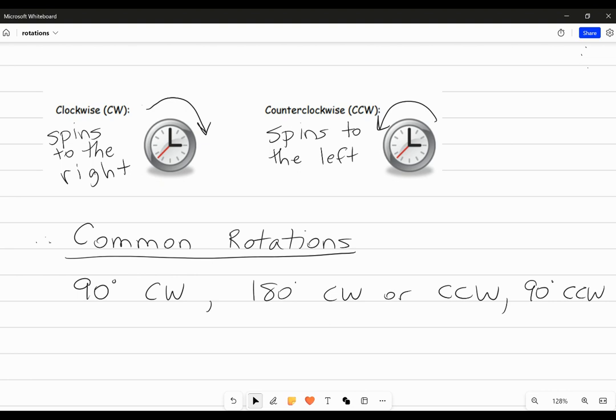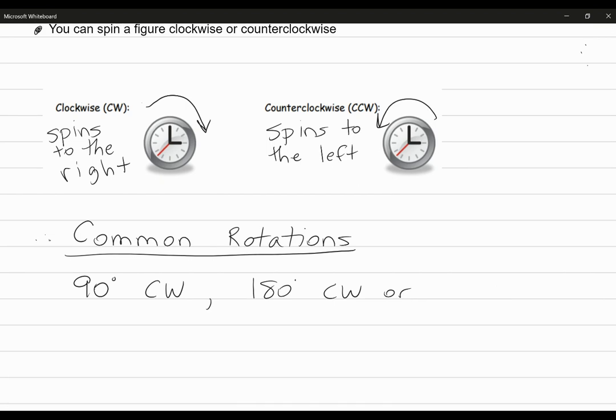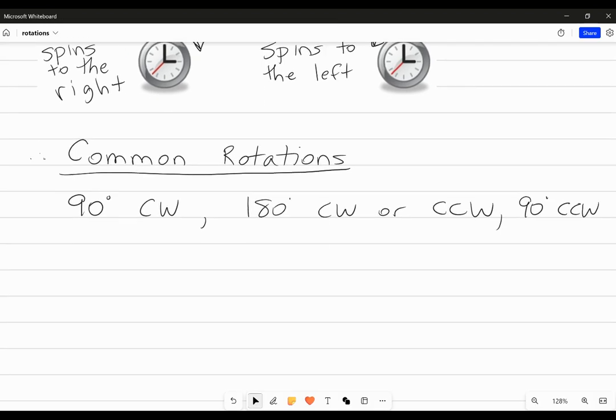So visually, just think about what that means on a coordinate plane. So we're going to draw a couple quick examples. Let's say here that I have a coordinate plane. I'll label my x-axis and my y-axis. If I'm going to move in the clockwise direction off the x-axis, that means I'm spinning to the right. So what that means is I'm actually spinning this direction.